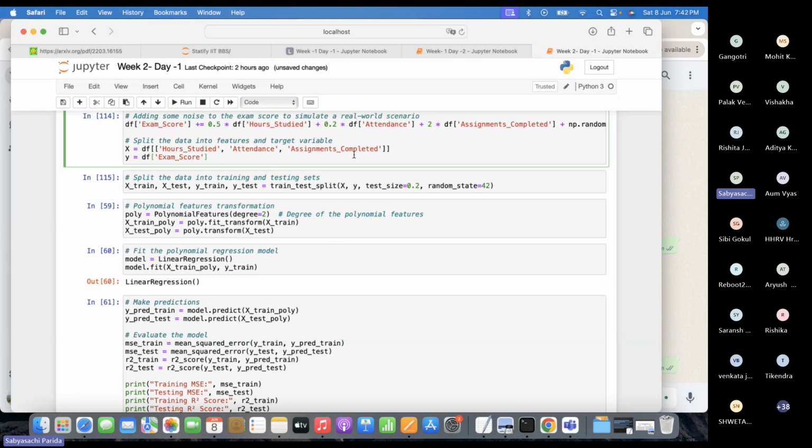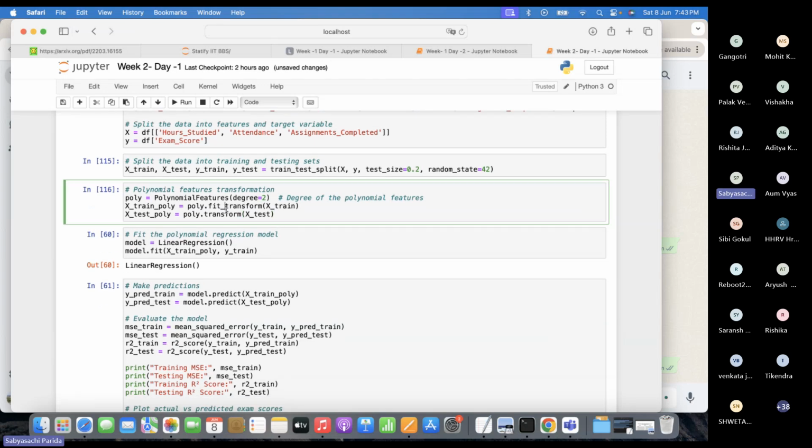There are also the cross features, like hours studied into attendance, attendance into assignment completed. These are all also taken into consideration, like (x plus y) whole square, x square plus y square plus 2xy, that kind of relationship I am trying to build here.